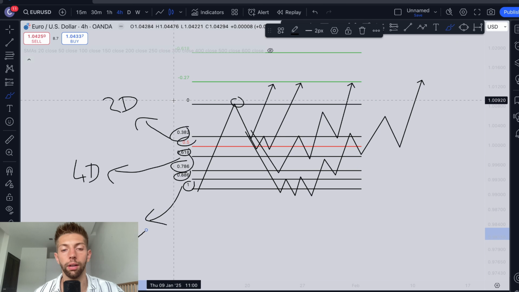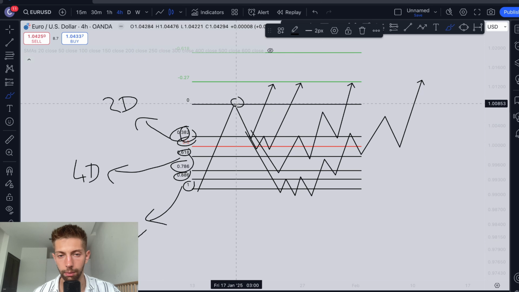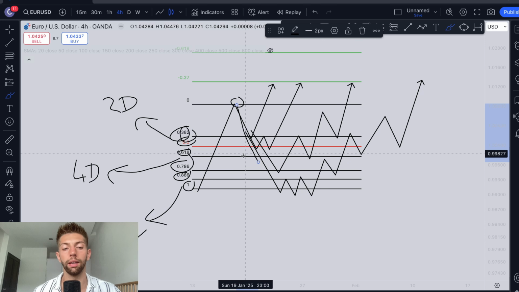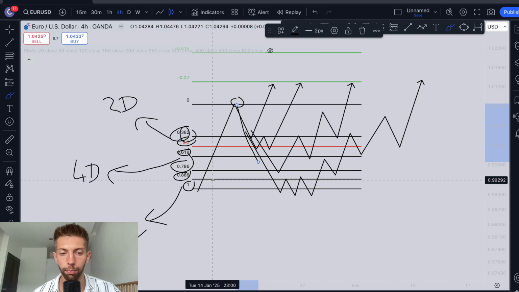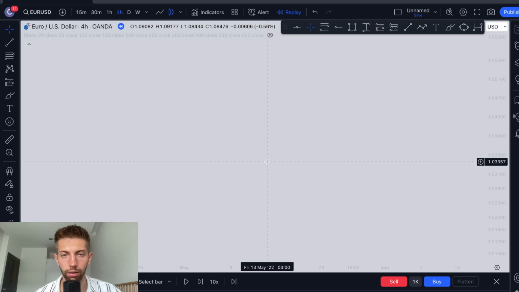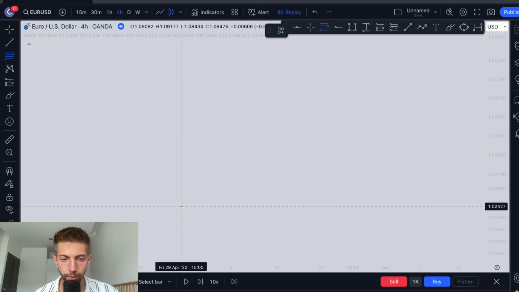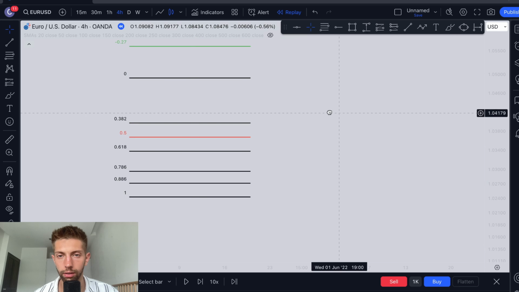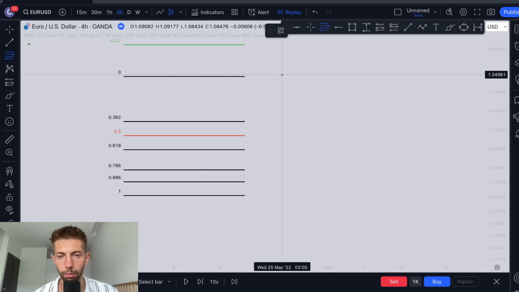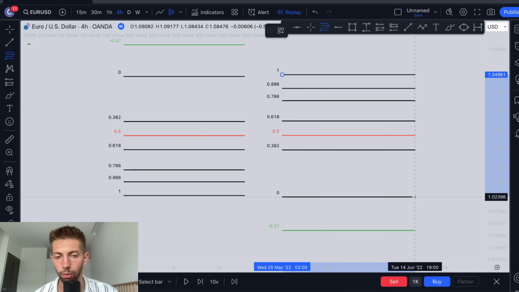So based on the type of pullback, if it's small or steep, you can count the time of the push. How I draw the Fibonacci is from the lower high to the higher high on the uptrend, and from the higher high to the lower low on the downtrend.